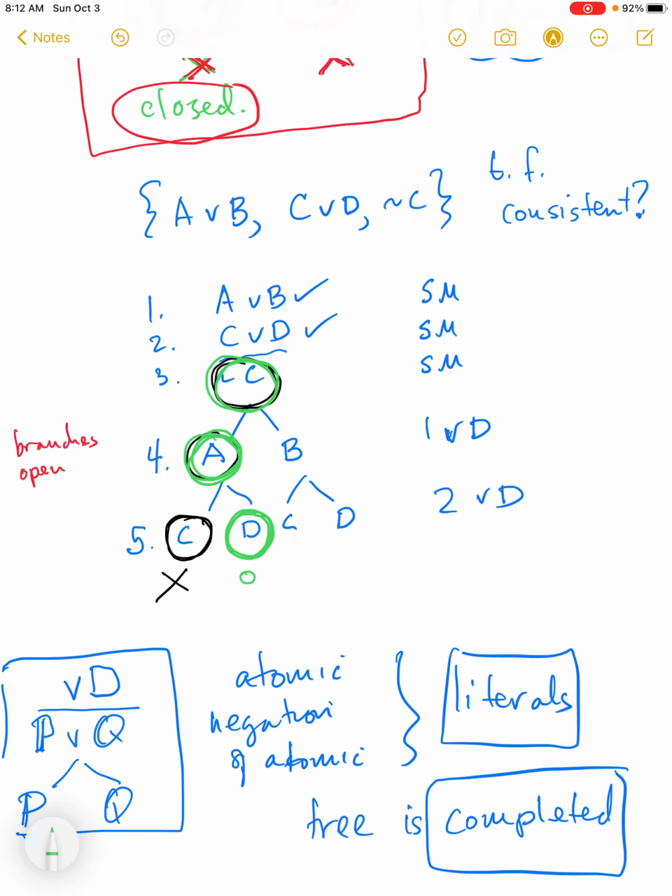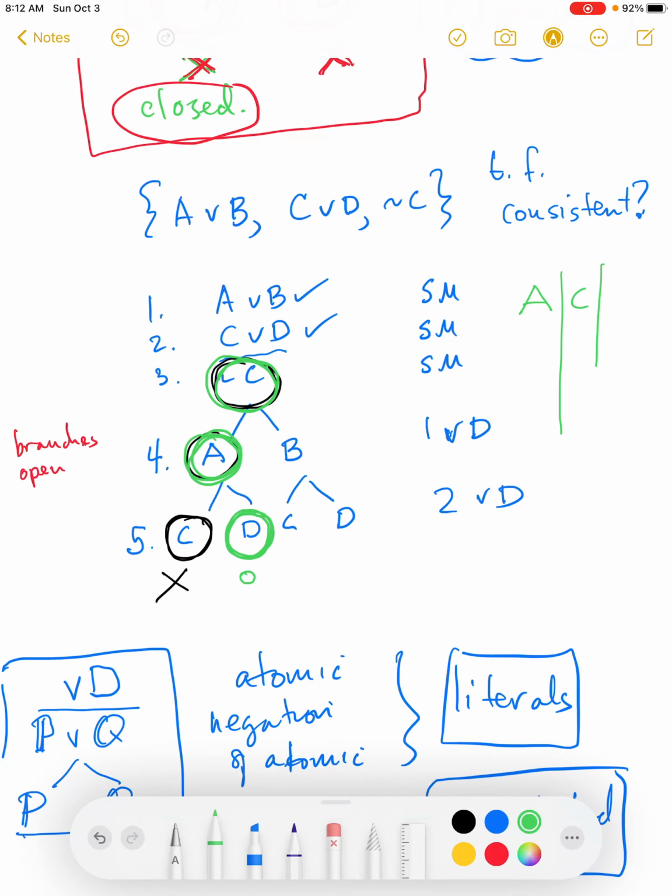And so what I'm going to do over here on the right is start collecting the truth value assignments that we get from, oops, I forgot about B, from the open branches. We have one open branch so far.